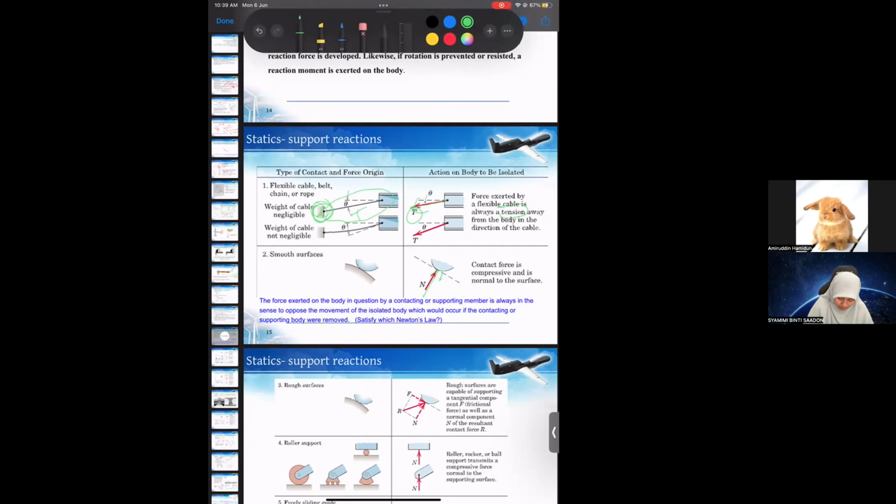If you have a material on the smooth surface like this, even though the material is not moving, there is always a normal force that we call a compressive force acting on the material, on the particles, so that the particle can be placed at the surface. It will not move.